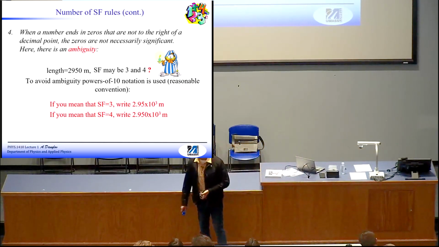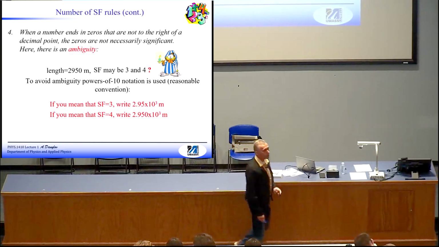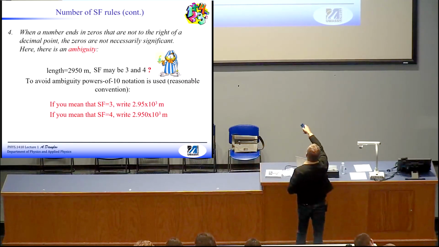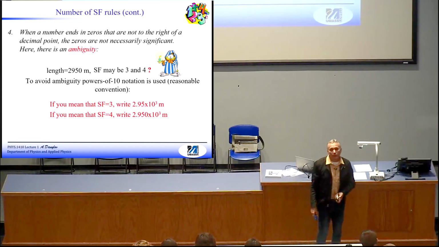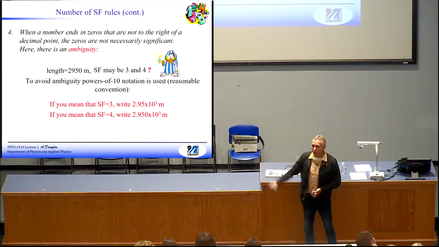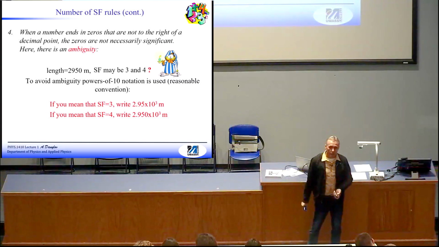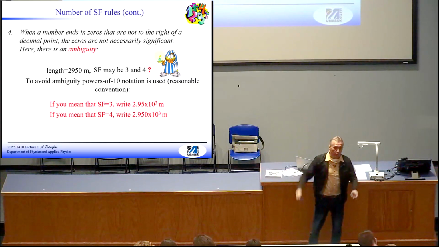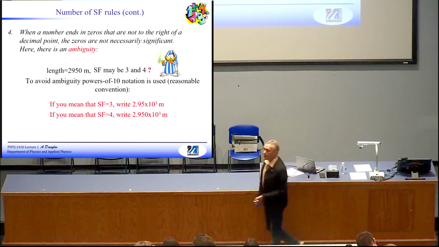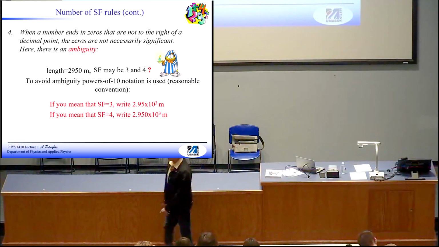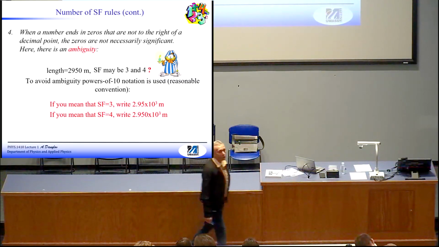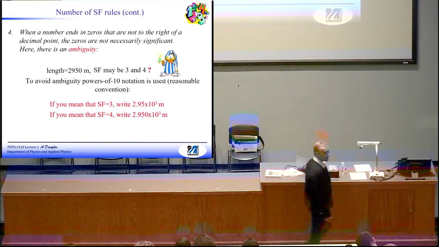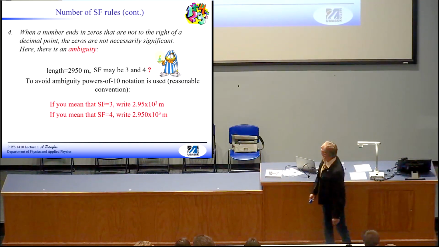Now no one will be confused and there's no ambiguity. The previous form you can use, but in that case you need to make a statement about the uncertainty, the accuracy. But if you write it like this, you don't have to add anything else. So these are the 4 rules which we will use to count the number of sig figs, because sometimes we need them.